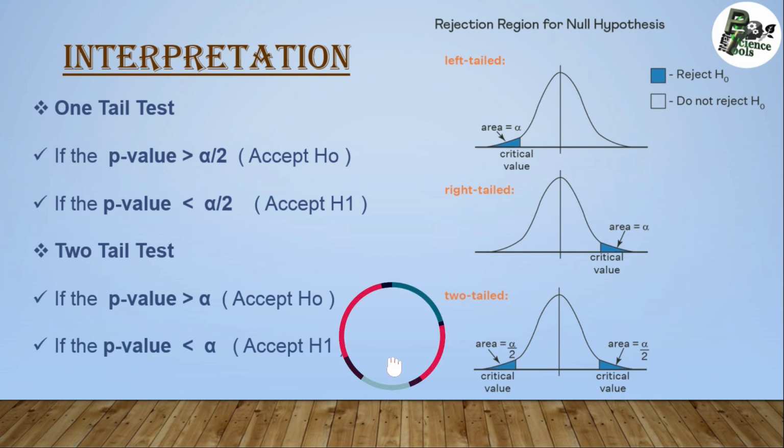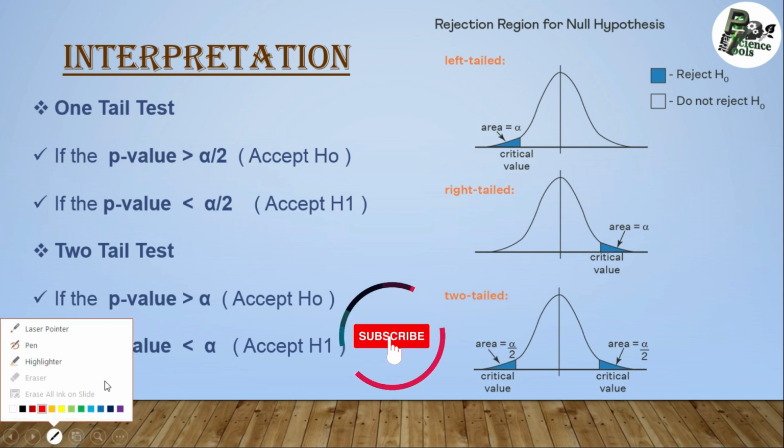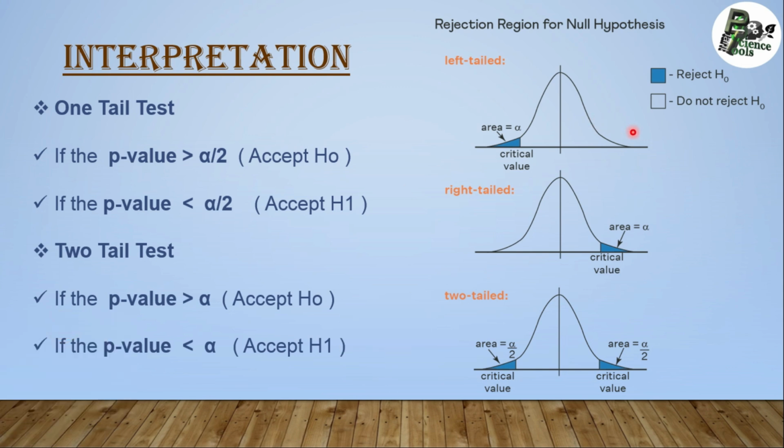Now we are going to discuss the rejection regions for the null hypothesis. In this diagram you can see the null rejected region or do not reject H0. These blue areas are the rejection regions. When the value of the Z test falls in this area, we will reject the H0.